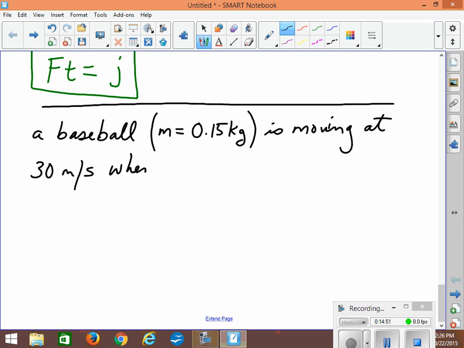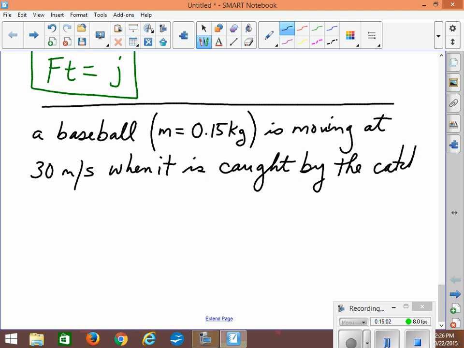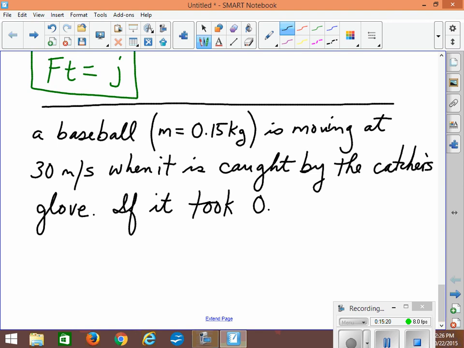When it is caught by the catcher's glove, the back catcher. So it was a swing and a miss, and the ball is now in the back catcher's glove, strike one. Now, it's not going to take very long to come to a stop in the glove.